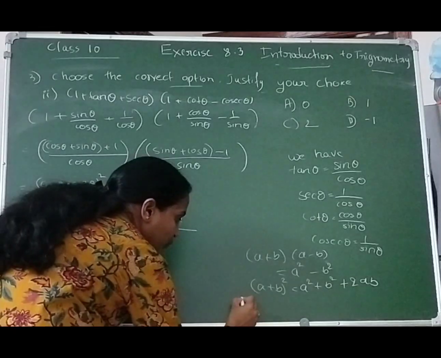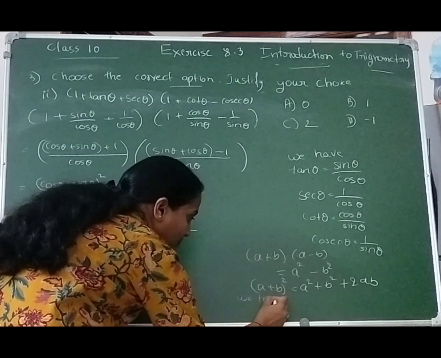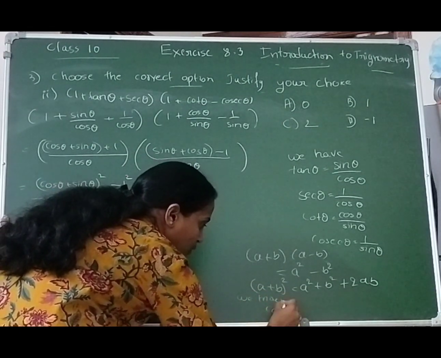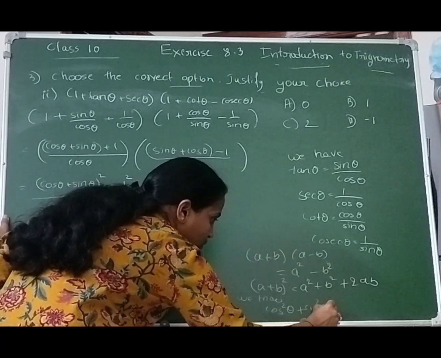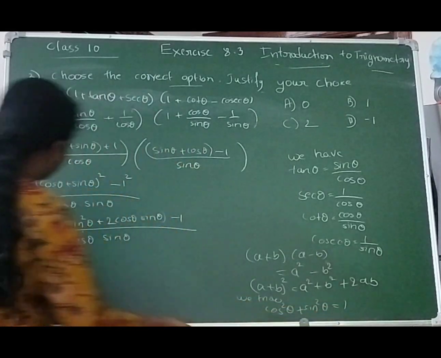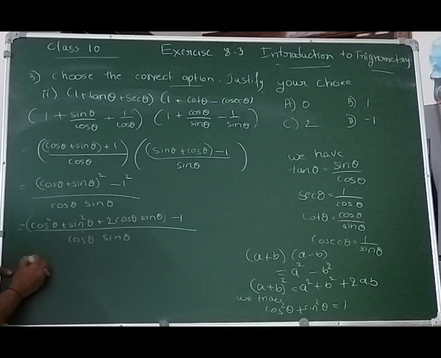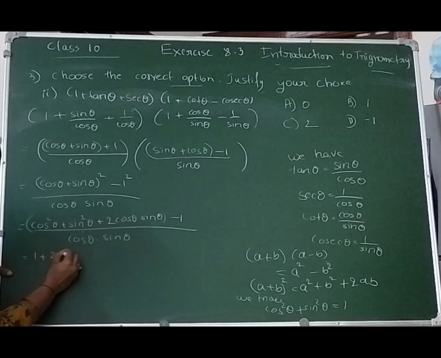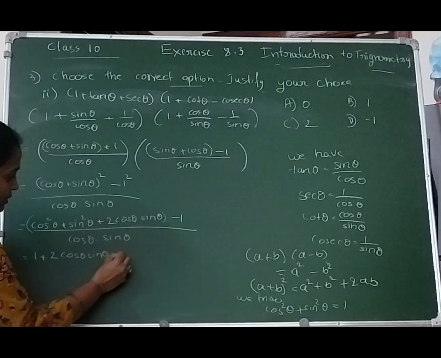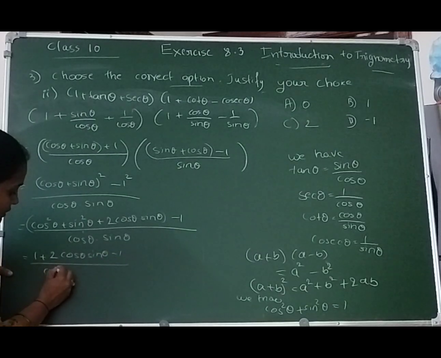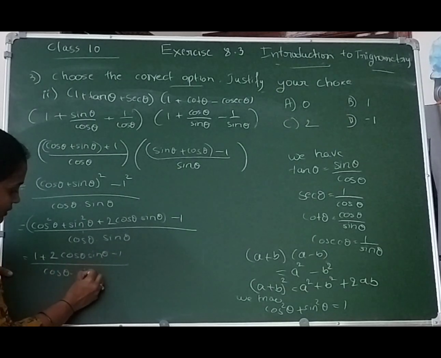We know that cos square theta plus sin square theta is 1. So we'll substitute here. It will become 1 plus 2 cos theta into sin theta minus 1, divided by cos theta into sin theta.